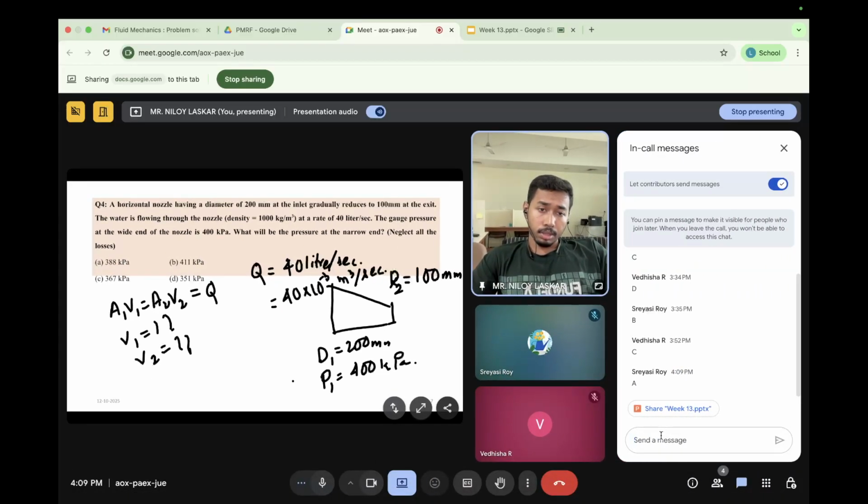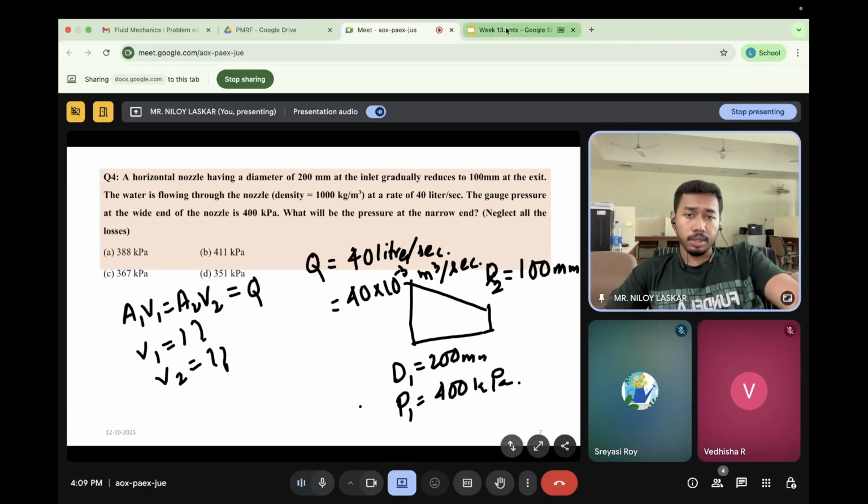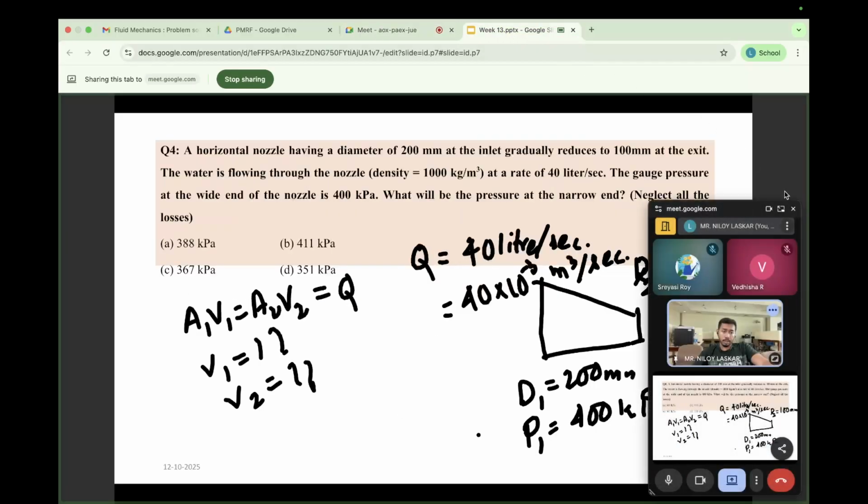Let's check. So it's option A you are saying. So okay, let us check whether it is correct or not.